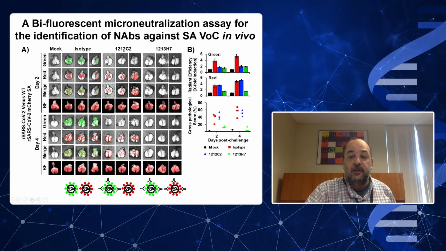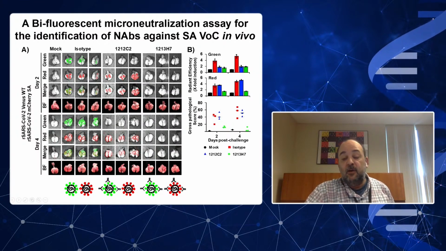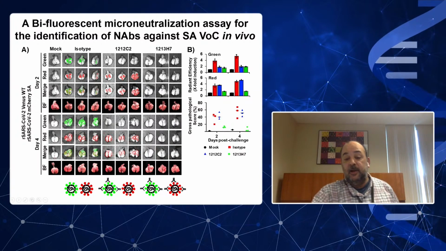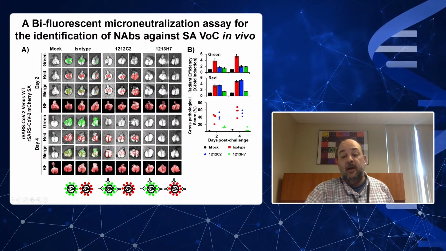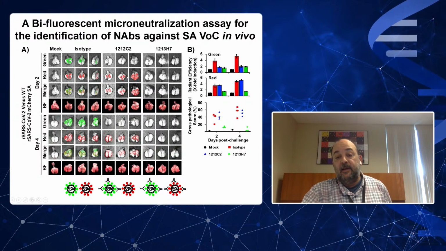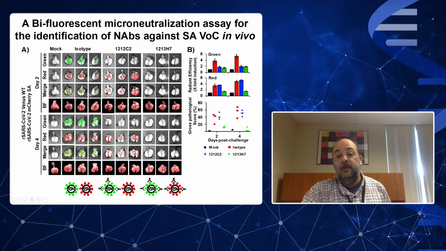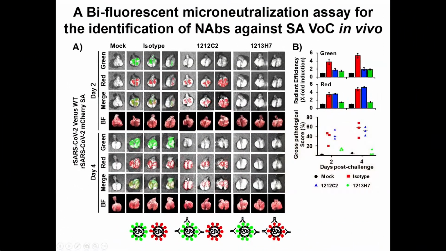In the case of mice treated with 12-12C2, that is only able to neutralize the original virus, but not the South African isolate, we could detect expression of mCherry, but not Venus, at days 2 and 4 post-infection. And as we expected, in the case of mice that were treated with the isotype control and infected with the two viruses at the same time, we were able to detect both the original Washington virus expressing Venus, as well as the South African variant expressing mCherry.